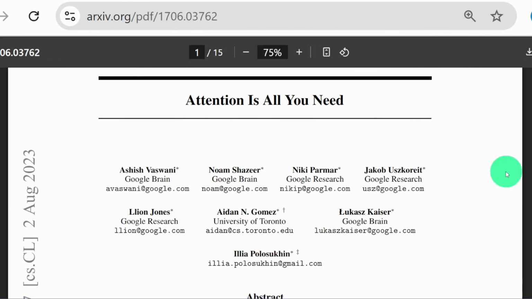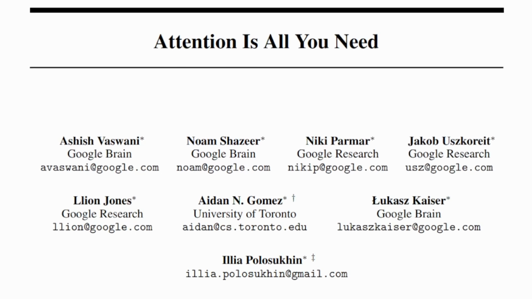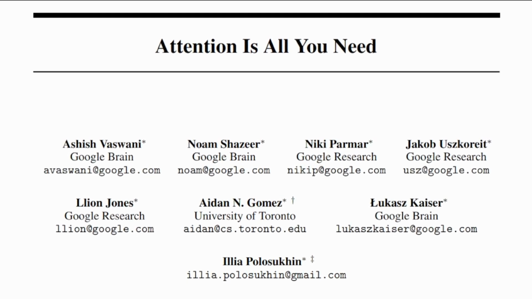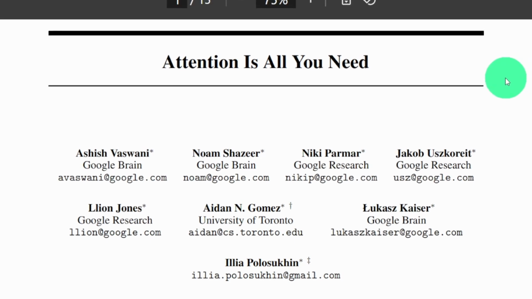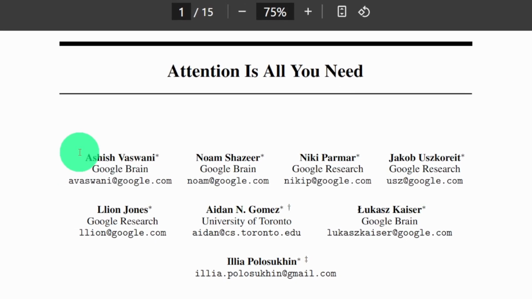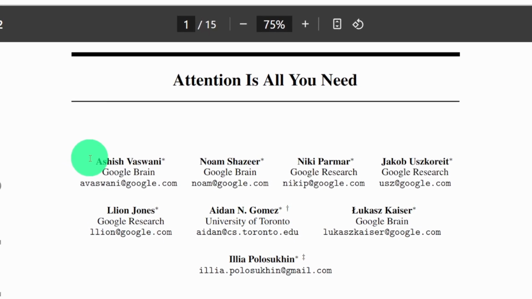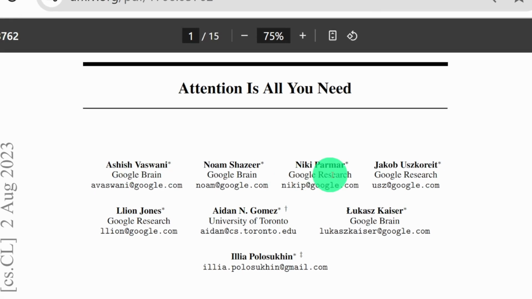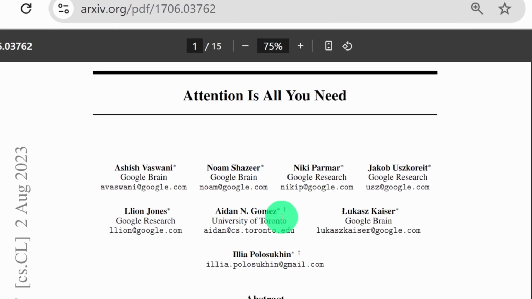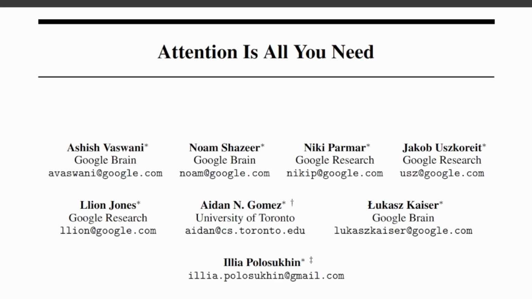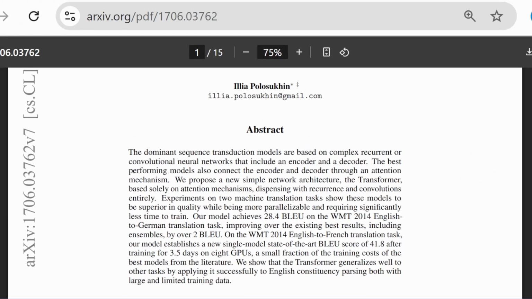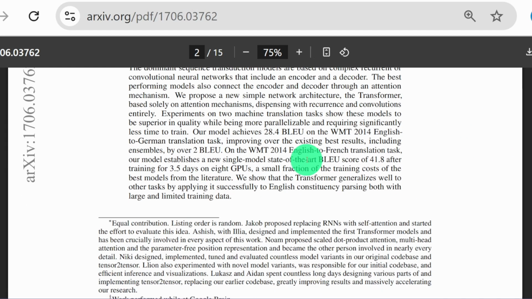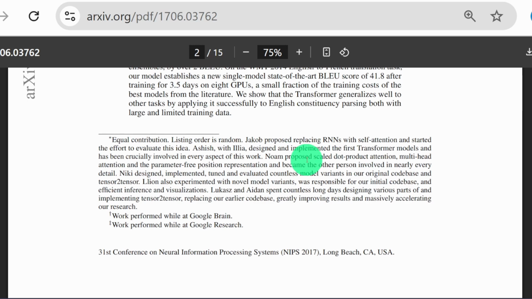Now, before we start, let's take a quick look at a legendary paper called Attention Is All You Need. It was written by Ashish Vaswani and collaborators from Google Brain and the University of Toronto. It was released in 2017, and this is the paper that introduced transformers and revolutionized AI.